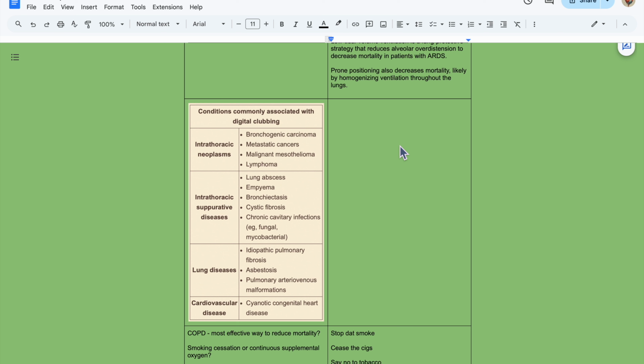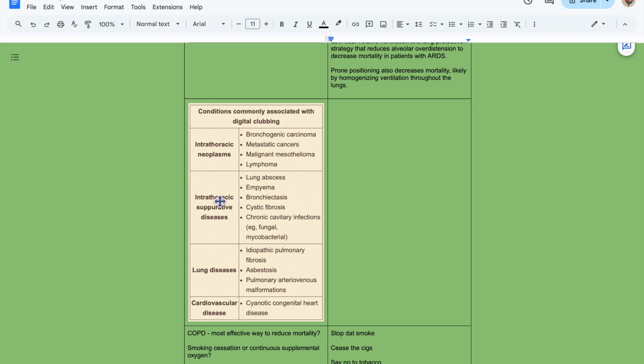Okay. Intrathoracic neoplasm. If you have intrathoracic neoplasm with digital clubbing, it's related to bronchogenic carcinoma or metastatic cancer, malignant mesothelioma, or lymphoma.